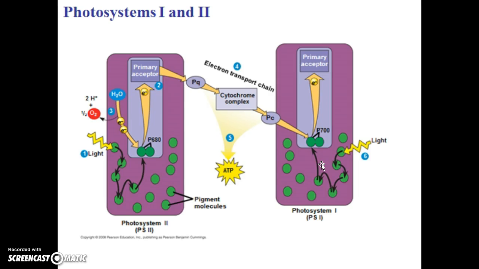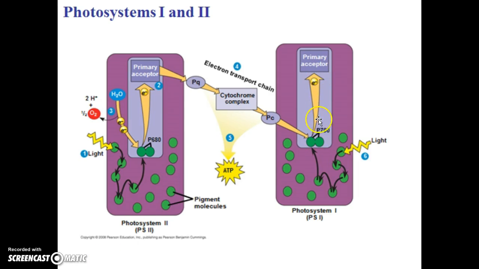So diffusion of these hydrogen protons across this membrane drives ATP synthesis, quite similar to the process that we saw in cellular respiration. Photosystem 1, like photosystem 2, transfers light energy, as we see light energy coming down in here, getting bounced along to P700, causing another electron to become excited and picked up by another primary electron acceptor. As a result of the loss of the electron, P700 has lost a negative particle, so it now has a positive charge.